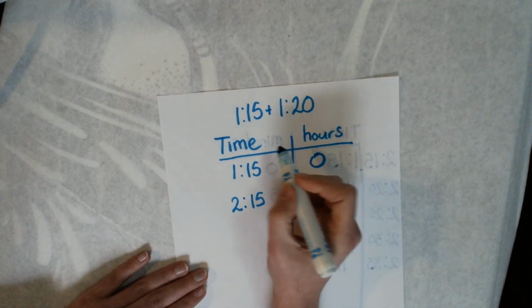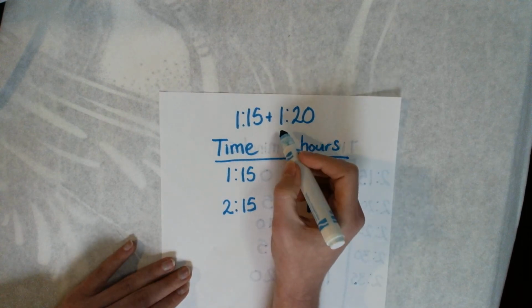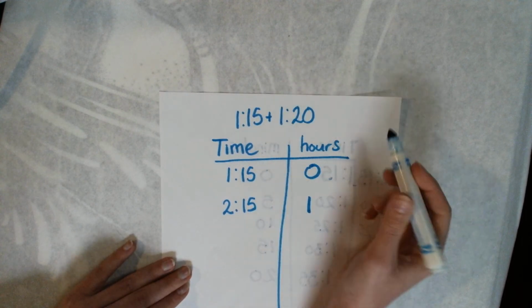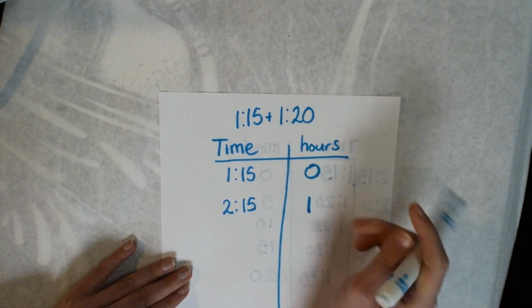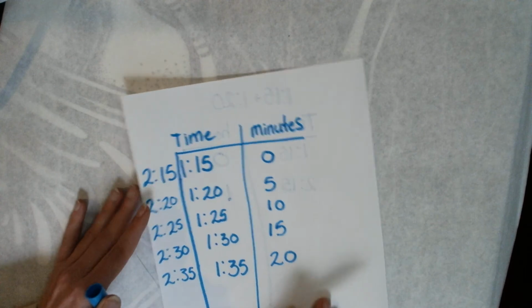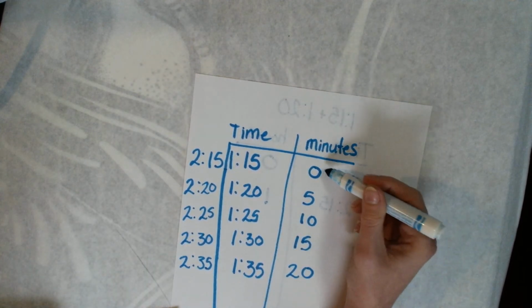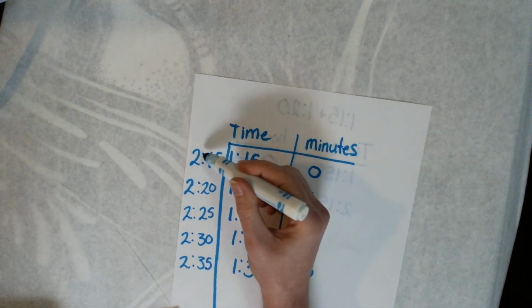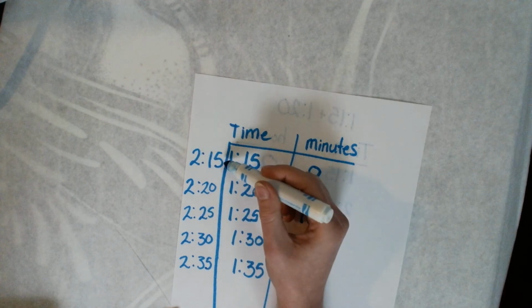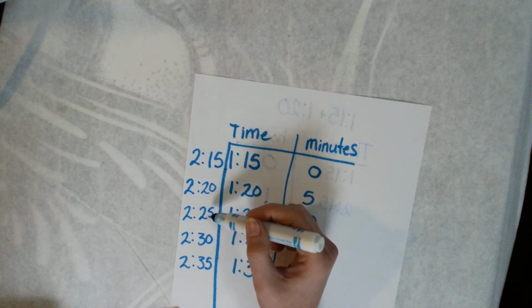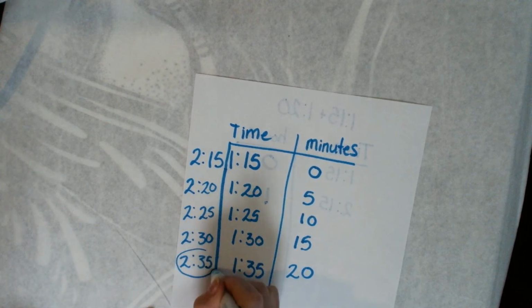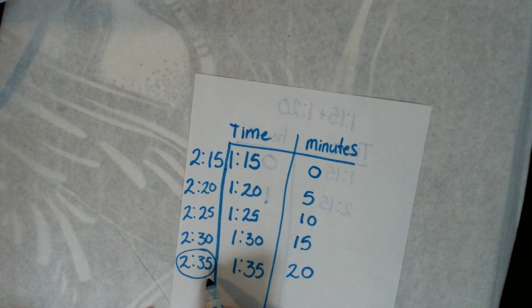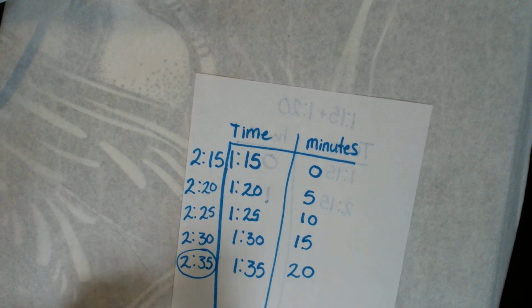So if it was 1:15 and we added on an hour and 20 minutes, we could start by adding the hours, and it'd take us from 1:15 to 2:15. And then we could add the minutes, still in our groups of 5, and we'd have our hour be 2, and 2:20, 2:25, 2:30, 2:35. So we know it would be 2:35 if an hour and 20 minutes passed.